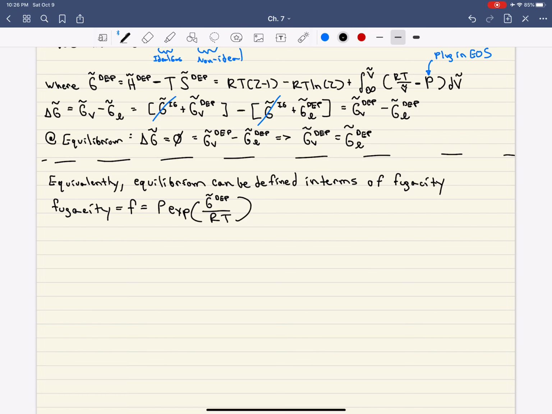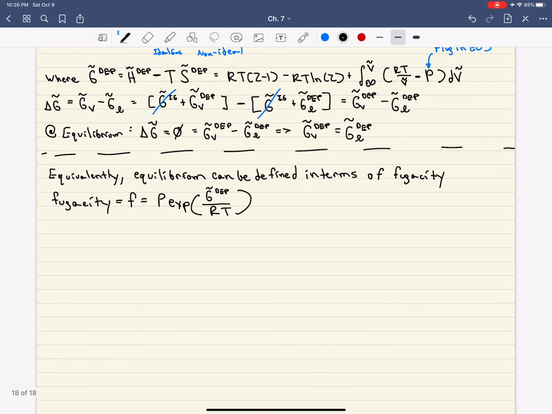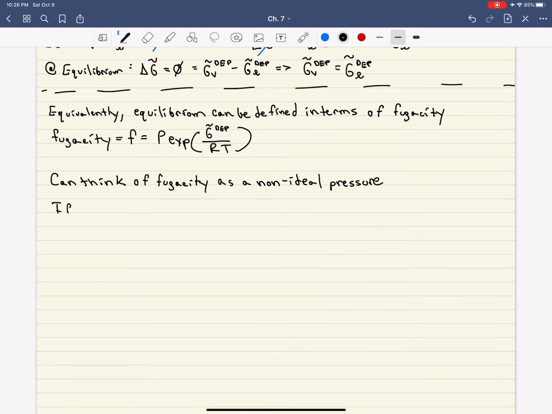Now, as far as physical meaning of fugacity, the way I think of it, and the way I encourage you to think of it, is that it's just a non-ideal version of pressure. Because if you're dealing with an ideal gas, by definition, your departure function would be equal to 0.